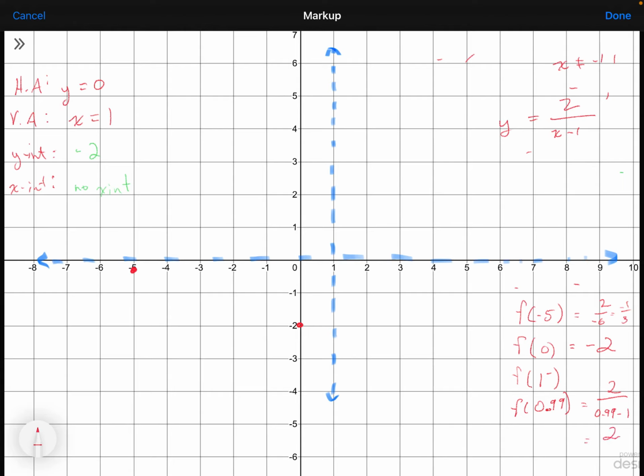By the way, this is called the sign test, and it doesn't really matter. So the top is positive. The bottom is a number really close to 0, but 0.99 minus 1 is negative small. So 2 divided by something that's really small and negative is going to be a large negative number.